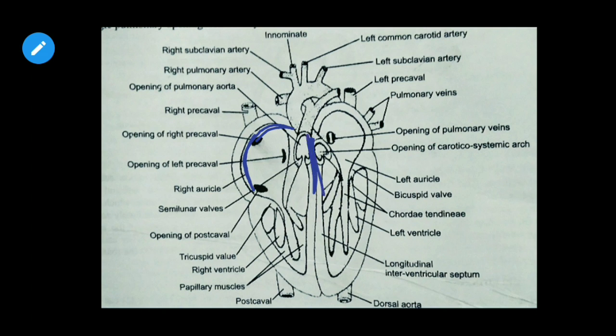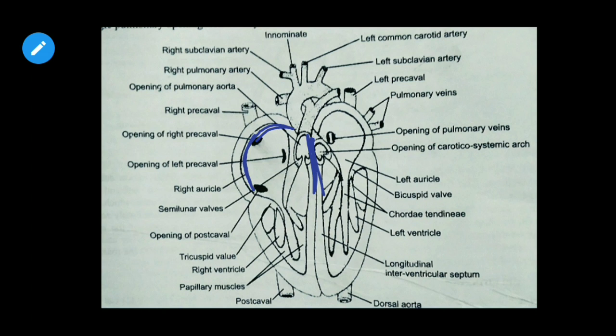In the embryo, a small oval opening is present, that is foramen ovale. In the adult, it closes and is represented by a small depression called fossa ovalis. Internally, the auricular wall forms low muscular ridges called musculi pectinati. The wall of the left auricle is thicker than the right.